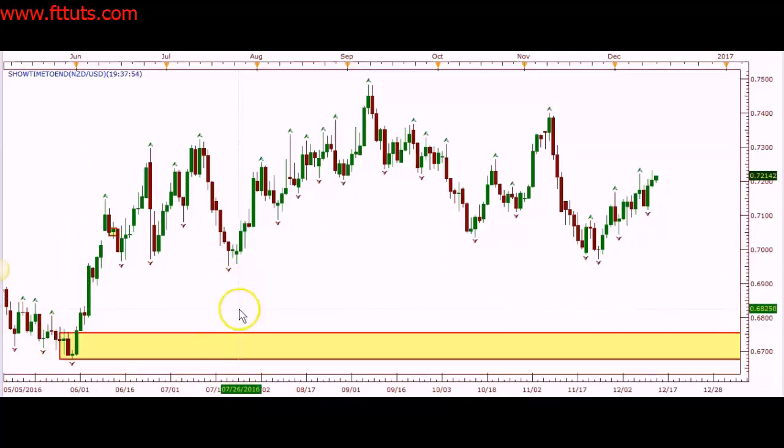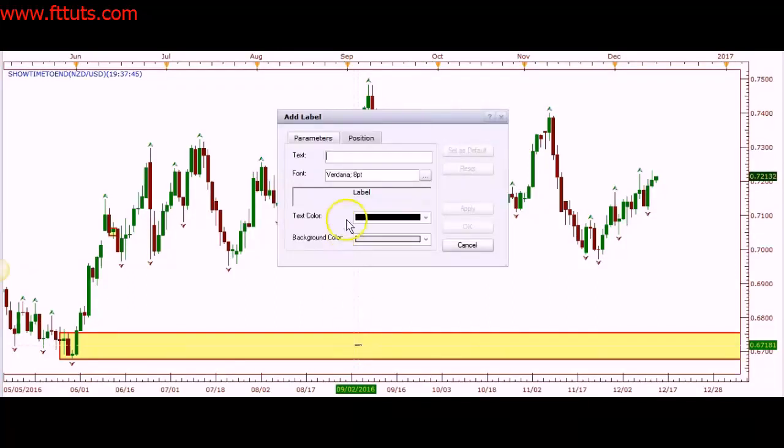All right, so this is going to be a demand zone, so let's mark that. Let's make it a little light blue.